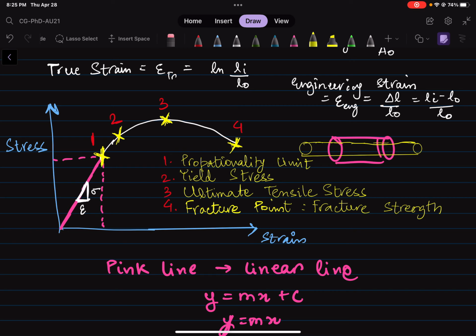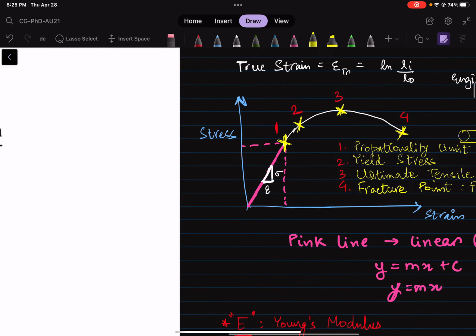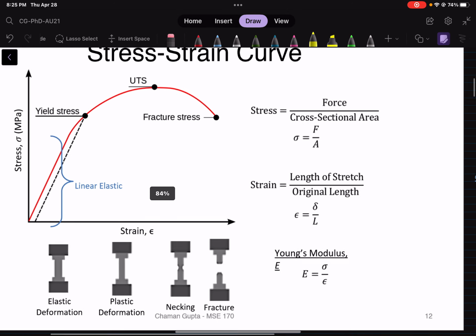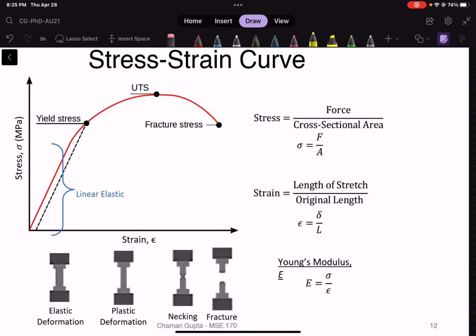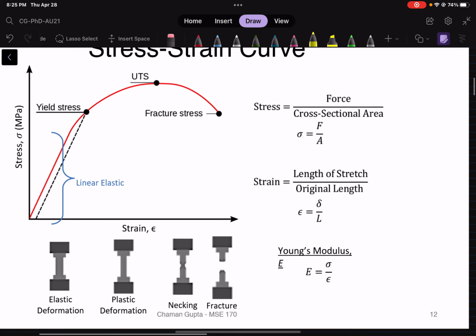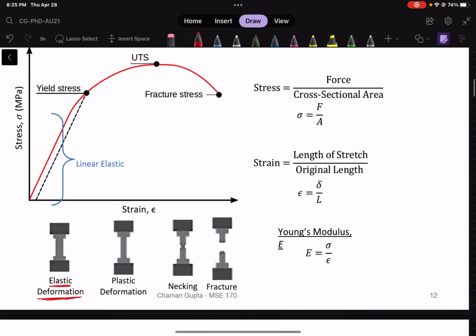So let's dive a bit deeper into what is happening here. If you look at this curve, when a material starts deforming, you are pulling it apart. It has elastic deformation, which means a non-permanent change.